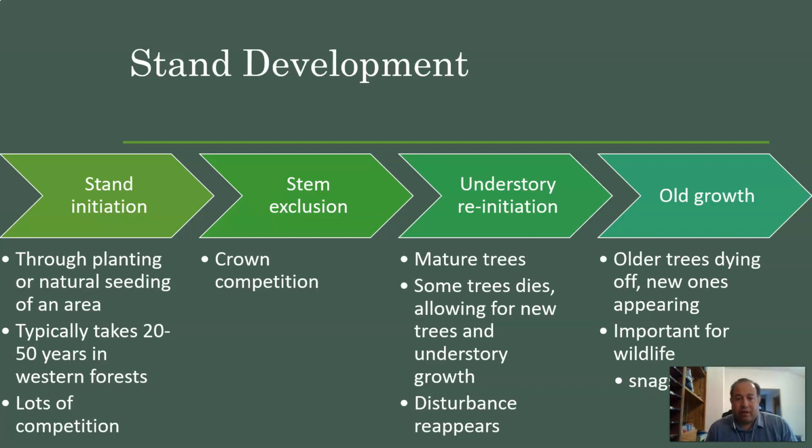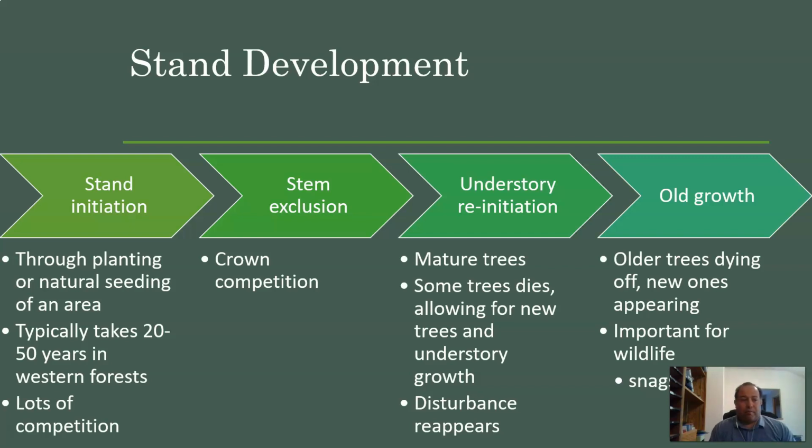Now, the other pattern of development that we have is just specifically a stand of trees. So we have our overall forest goes through succession, but you can have individual stands of trees, and this is really typical for when you're doing plantation forestry.